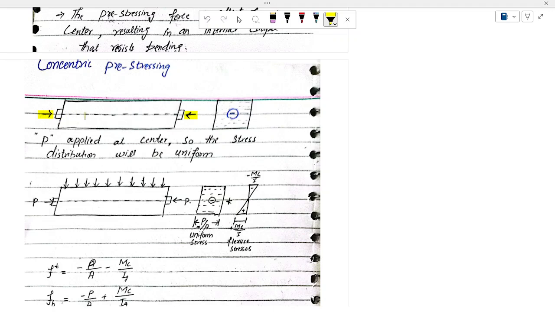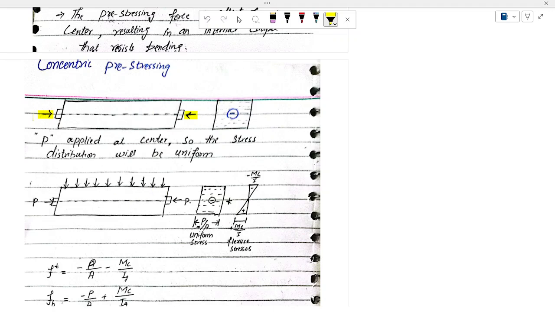In reality there is a reinforcement, the pre-stressed tendon, and this is the resultant force which is causing a compression force. So P is applied at the center, and the stress distribution will be uniform. When a force P is applied at the neutral axis, the stresses will be uniform.